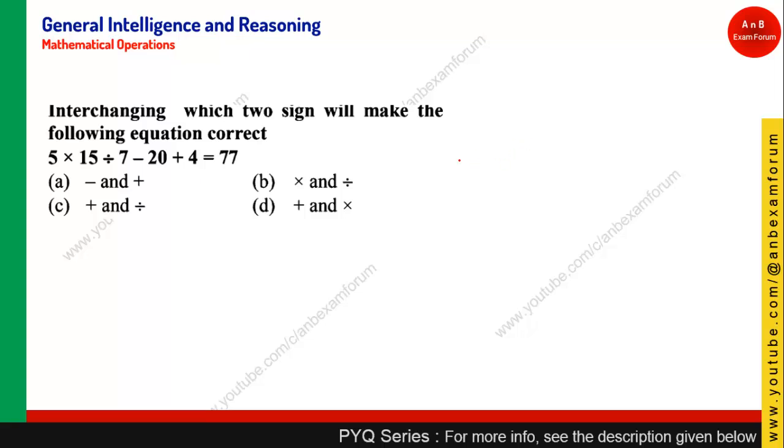So 5 multiplication and plus are interchanged, so multiplication becomes plus, so plus 15 divided by 7 minus 20 and plus 4. Plus 4 is there, so we need to interchange, it is multiplied by 4. So if you see it is 77, but we are having this denominator part, so this is the wrong answer.